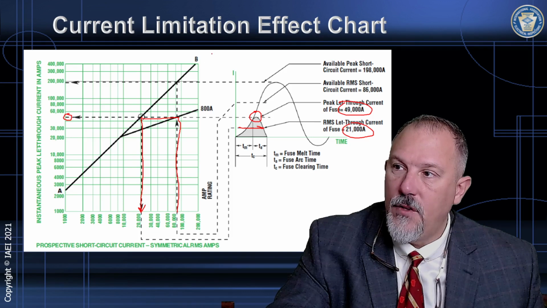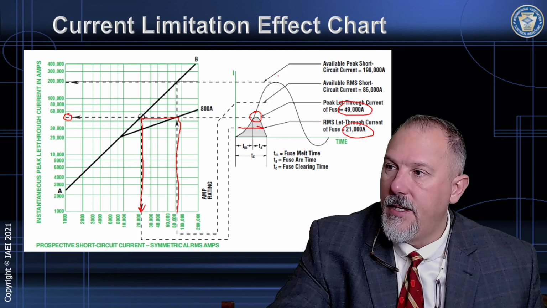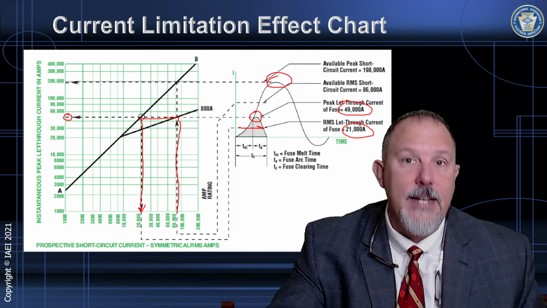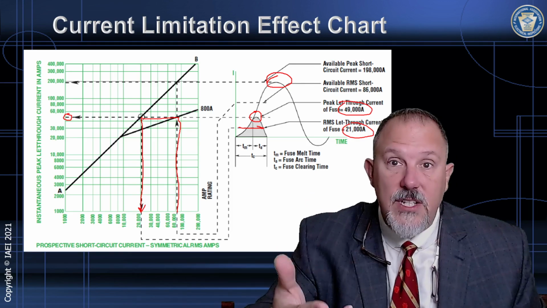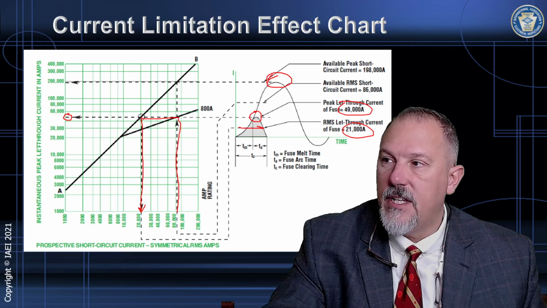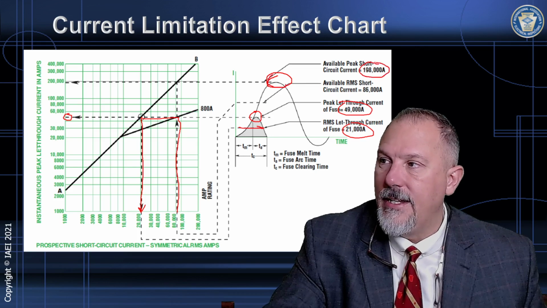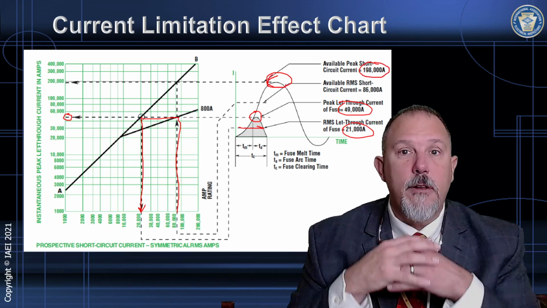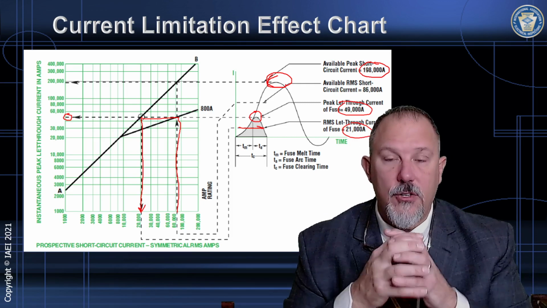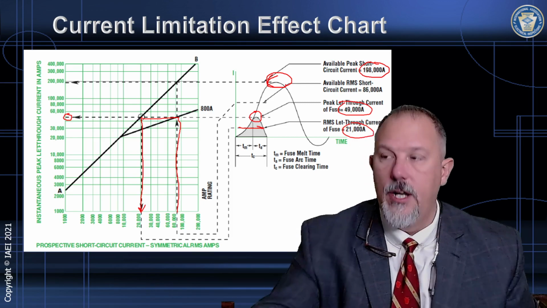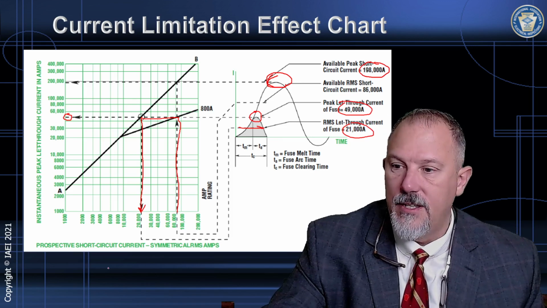If I didn't have a fuse in this picture, say I had a circuit breaker that lets 30 cycles through, or 2 cycles, or 3 cycles, that first half cycle, my peak would be 198,000 amps. That's what puts force in the system. Those are the magnetic forces that occur in a power distribution system.